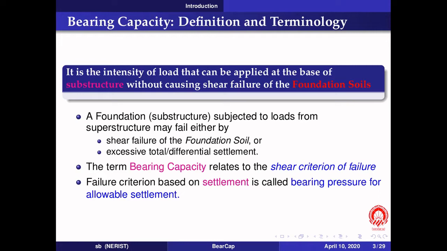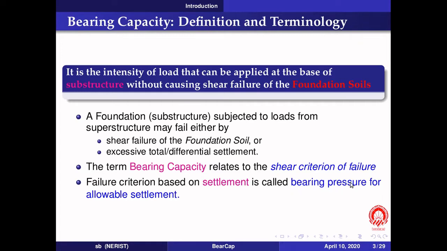Now when we talk of calculation of bearing capacity, usually we refer to the shear failure criterion we have just discussed. And the pressure which is obtained on the basis of the allowable amount of settlement is called the allowable bearing pressure.